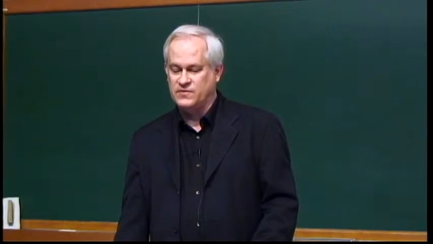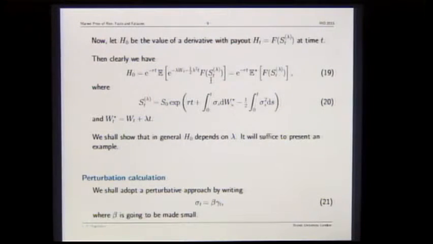Then for the price of the option, well, we take the pricing kernel times the function, we form the expectation, and after a little bit of rearrangement, we can write this expectation as E star of F of S, where E star is obtained by changing measure using the martingale part of the pricing kernel. And then we can combine together the W and the lambda T in order to create a W star in the expression for the price.